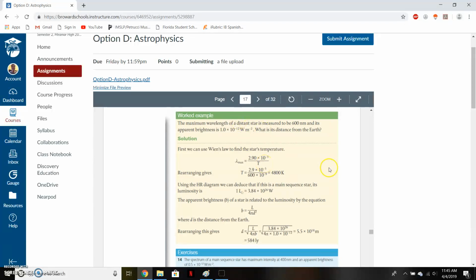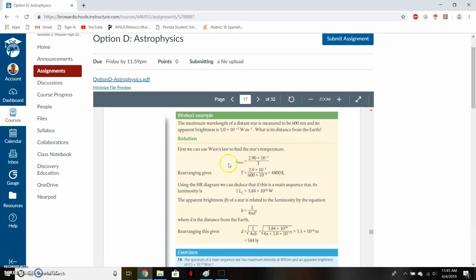The maximum wavelength of a distant star is measured to be 600 nanometers, and its apparent brightness is 1.0 times 10 to the negative 12 watts per square meter. What is the distance from the Earth? We use Wien's law to find the star's temperature. Maximum wavelength is equal to 2.90 times 10 to the negative 3 over temperature.